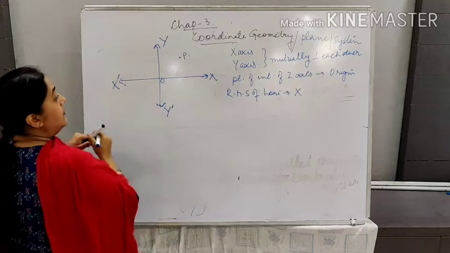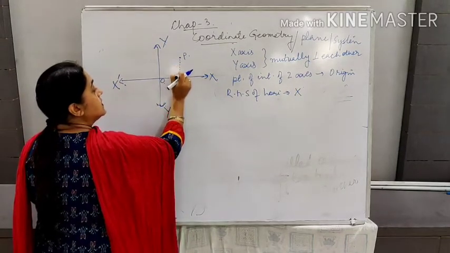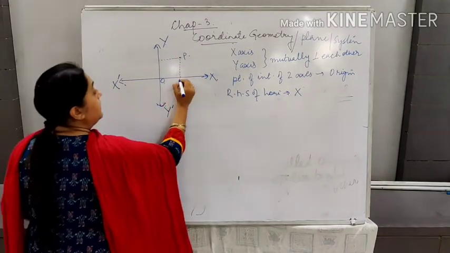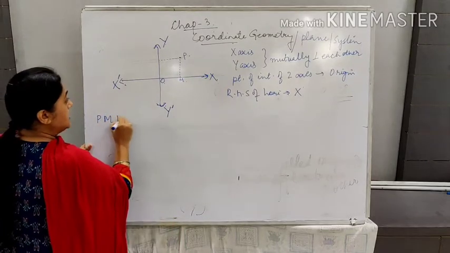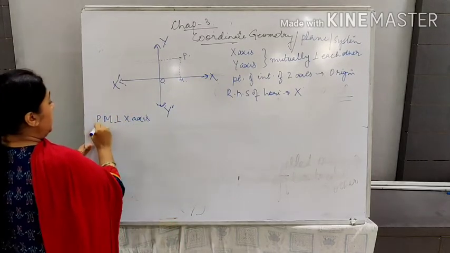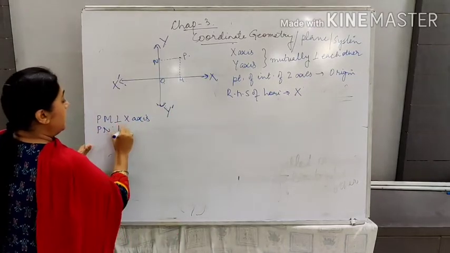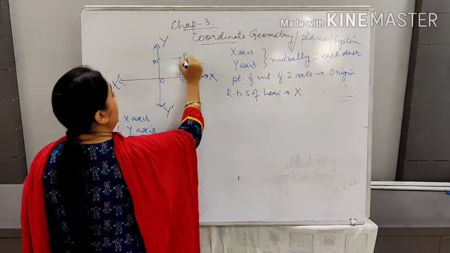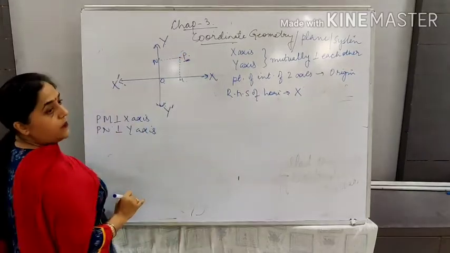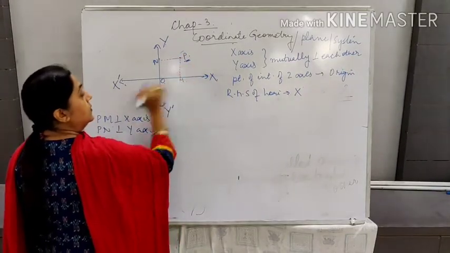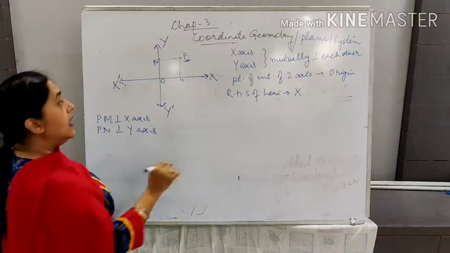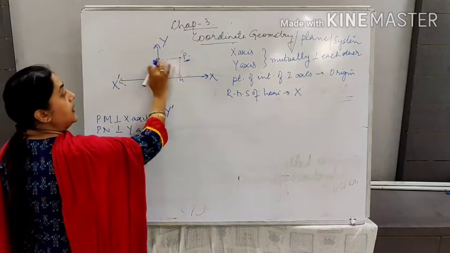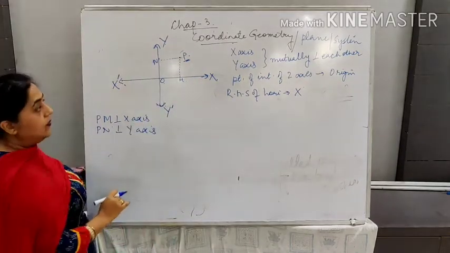I will draw two perpendiculars from this point P. Let PM be perpendicular to the x-axis and PN perpendicular to the y-axis. Right? If I want to locate this point, I will draw a perpendicular line to the horizontal x-axis and a perpendicular line to the vertical one. So I have PM perpendicular to the x-axis and PN perpendicular to the y-axis.